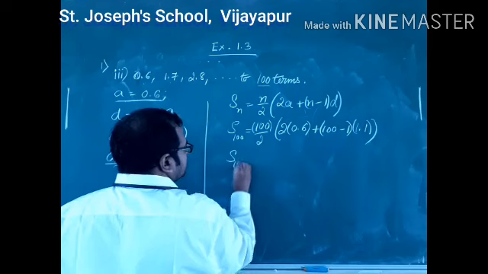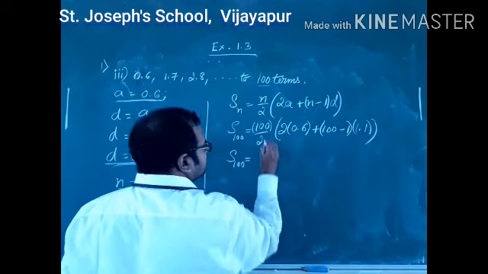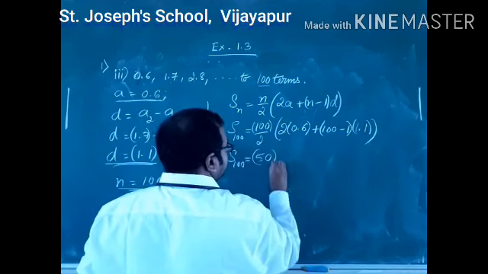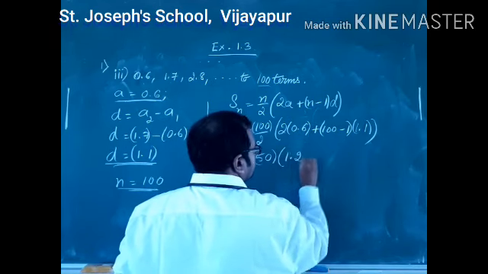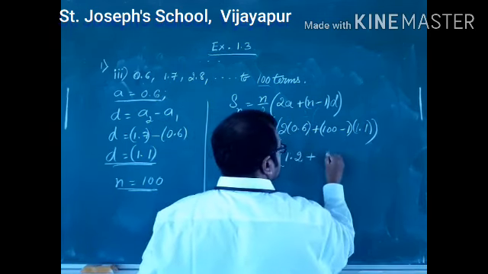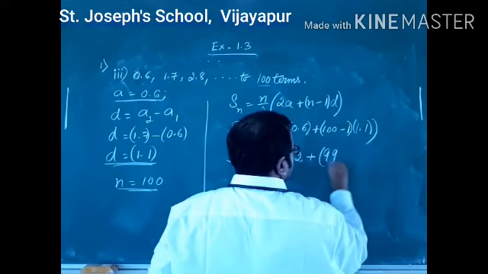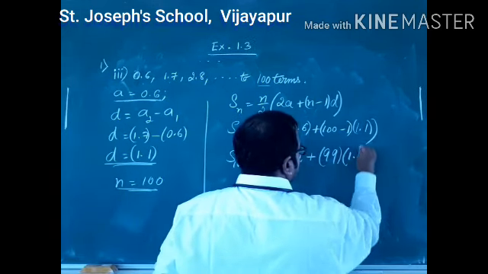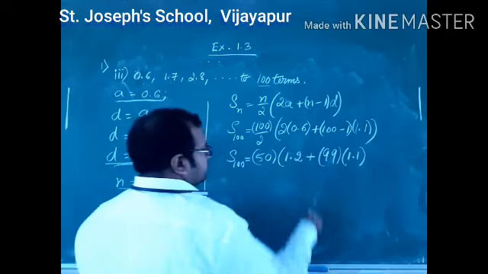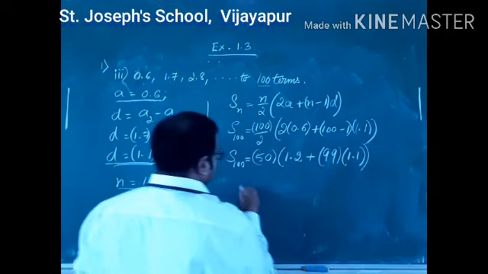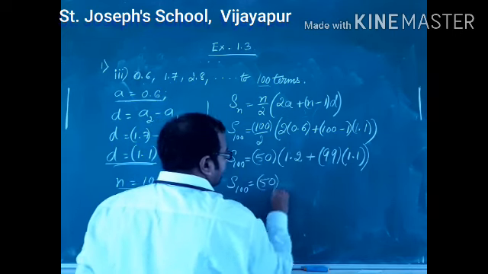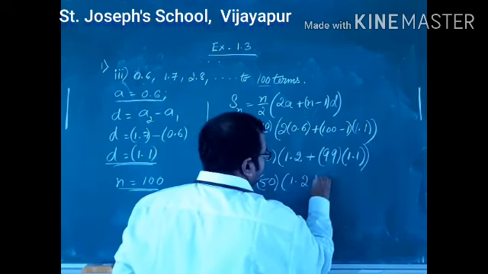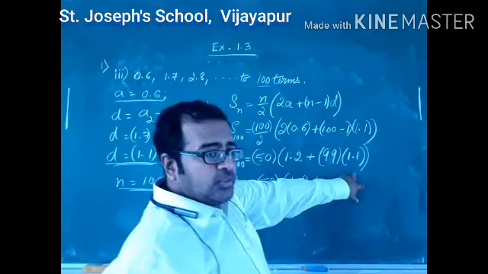So S100 becomes 100 by 2, which is 50, into 2 into 0.6, which is 1.2, plus 100 minus 1 is 99 multiplied by 1.1. So next, S100 is equal to 50 into 1.2 plus 99 into 1.1.